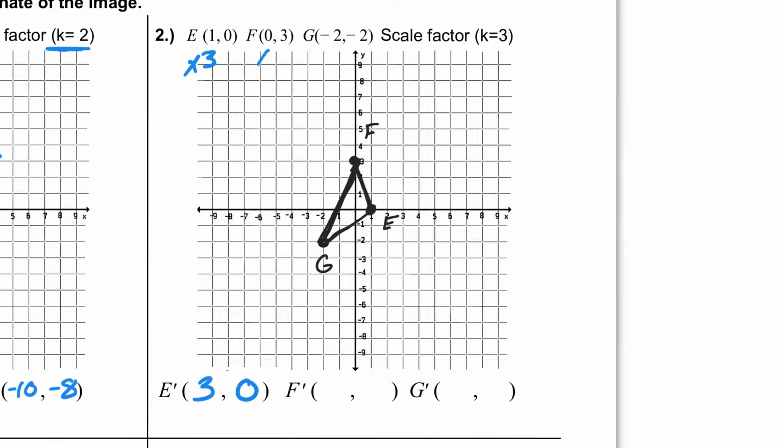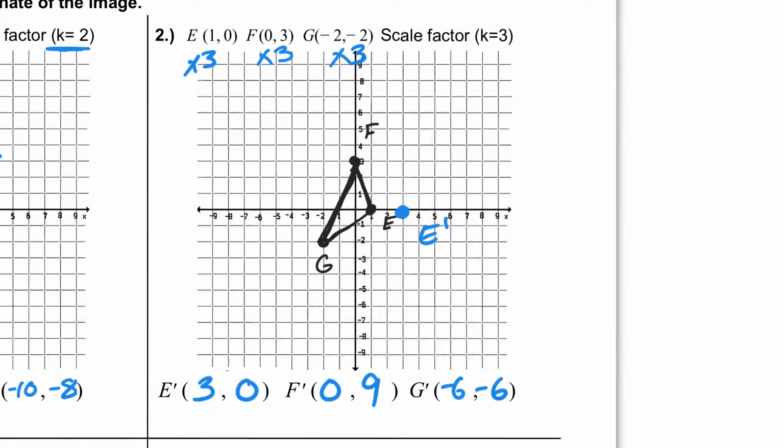For F prime, if we multiply both those coordinates by 3, 0 times 3 is 0, and 3 times 3 is 9. So we get the coordinates 0, 9 for F prime. And for G prime, if we multiply the coordinates of G by 3, we should end up with negative 6, negative 6. So let's go ahead and make those points on our graph. E prime is 3, 0.